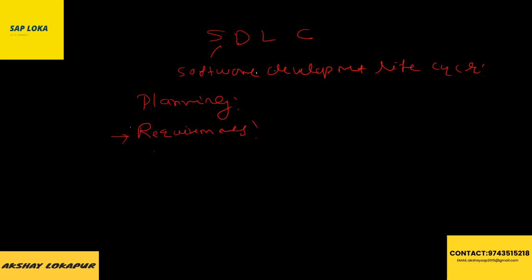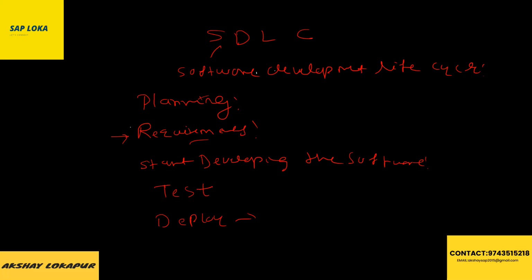Once we identify the requirement, they will start deploying the software. Here I'm taking my example. I want one software to build. So planning will be done, requirements will be done, and I will start deploying the software. Once the software is built, I will test it, whether it is working fine or not.